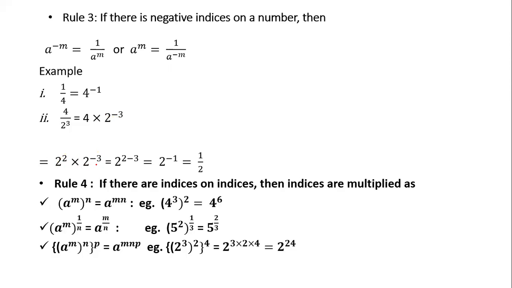Taking one of the bases, we have 2. Now the powers are 2 plus negative 3, and the answer will be 1 over 2. Don't forget, this is the same as 4 over 8, and 4 over 8 is the same as 1 over 2. That's the answer here.